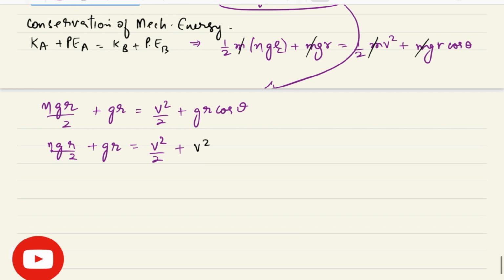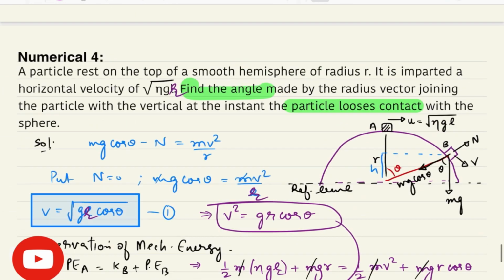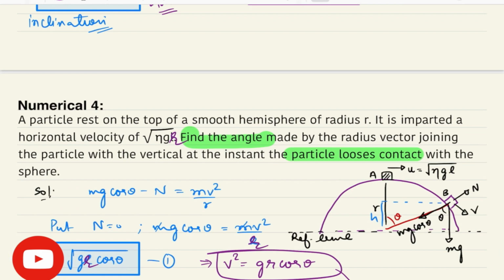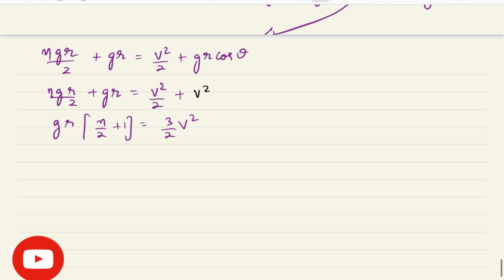Now solve it. We get g R times eta by 2 plus 1 equals 3 by 2 v square. And what we need to calculate? We need to find the angle.